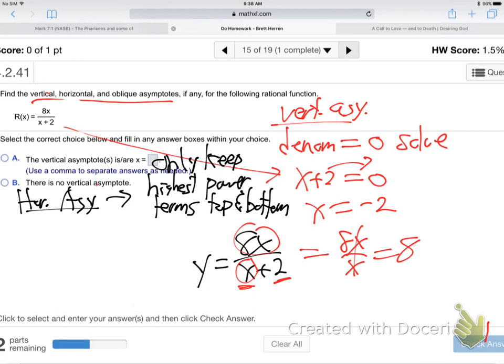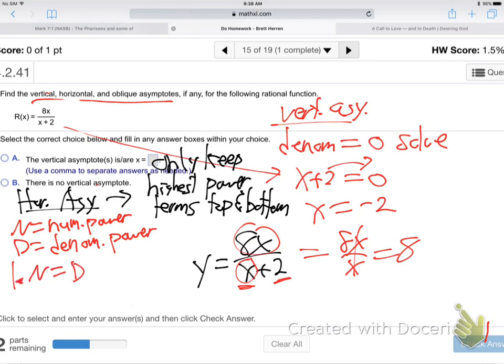So, let me do it this way. N equals numerator power. D equals denominator power or degree. And case 1, if N equals D, which is what we have here, the power is first on the top, the power is first on the bottom, right? They're both just x to the first.